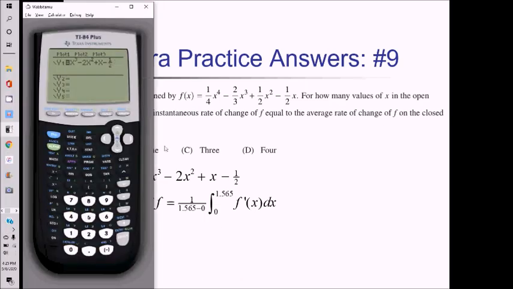So here I am in my y equals, and one benefit of using only f prime and not involving the f function at all except for taking its derivative is I only have to put one function in my calculator.